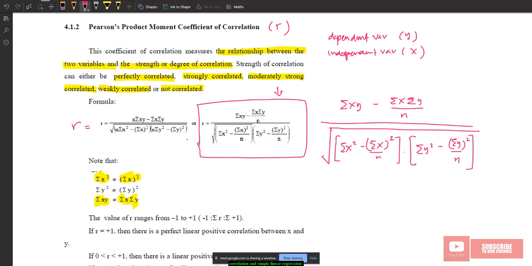So this value of R can take a range from -1 to +1. It can be either from -1 to 1, right?